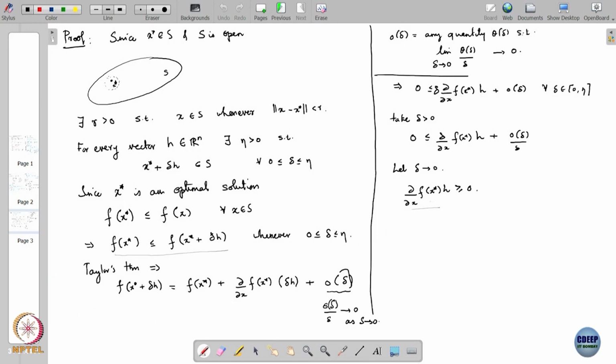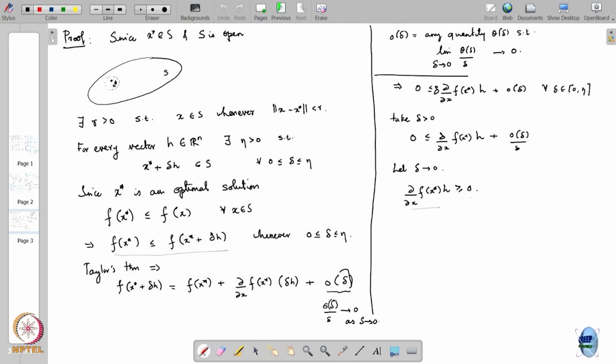But remember, now what I have got is that this inner product, the derivative times h, is greater than or equal to 0 for every vector h in Rn, right? Because I started off with h as an arbitrary vector and I got that this thing should be greater than or equal to 0.